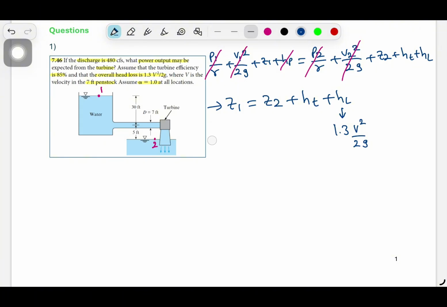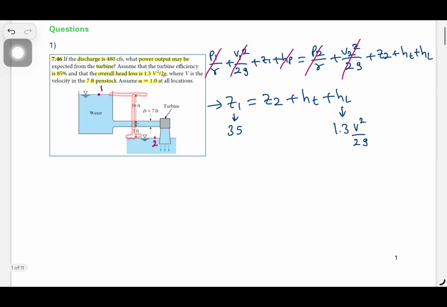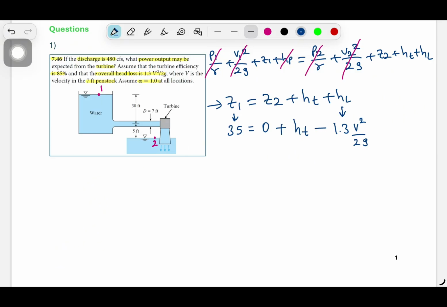So Z1 minus Z2 is also known. Z1 is 35, which comes from here. And we can assume this is the point 0, so Z2 will be 0. Plus HT plus head loss.